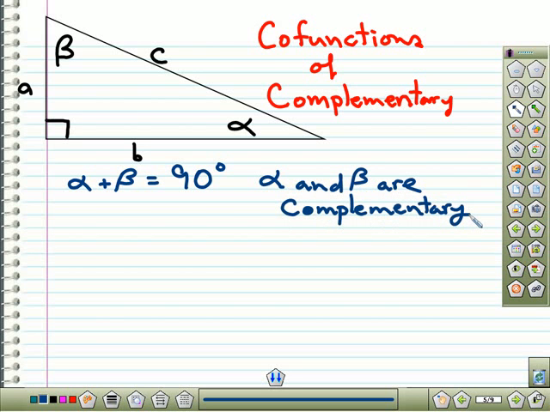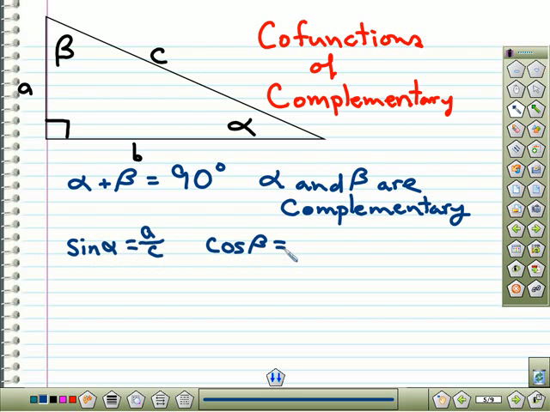Now, let's just find the sine of alpha. What is the sine of alpha? It's A over C, right? Now, let's find the cosine of beta. What is the cosine of beta?